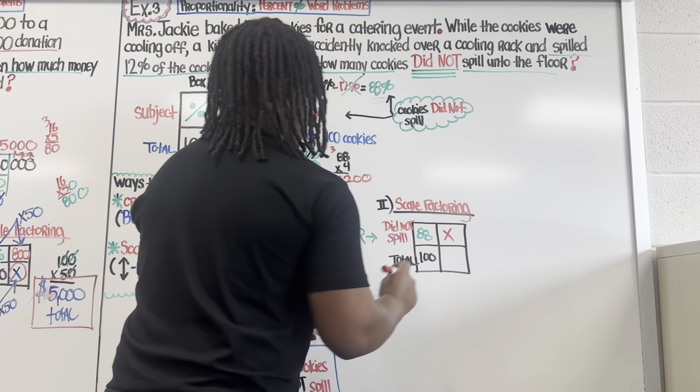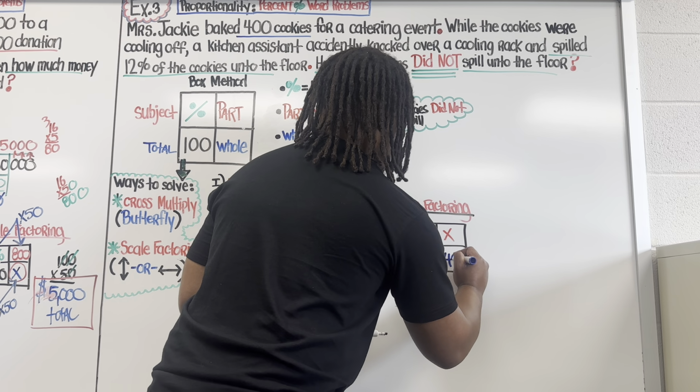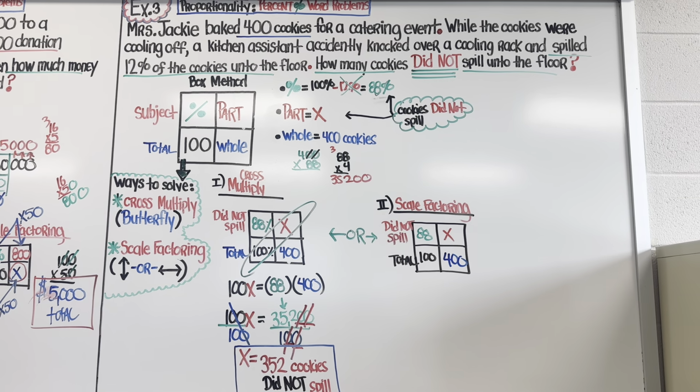We're acting like we don't know the number of cookies that did not spill, but we know that there were 400 total cookies. So I'm setting the problem back up the way it was originally, but I'm doing a different method.